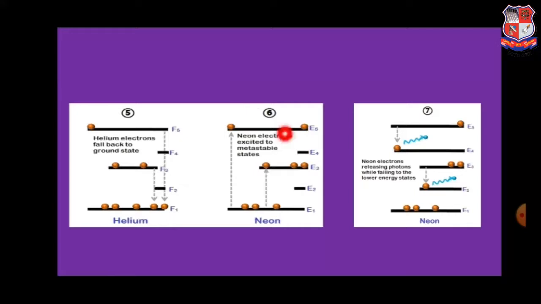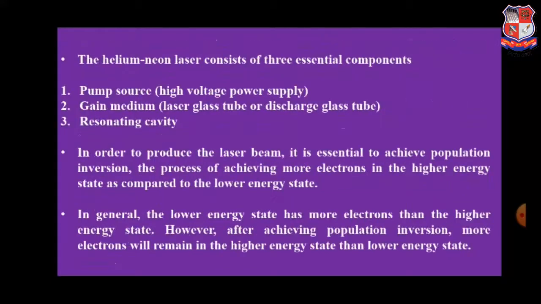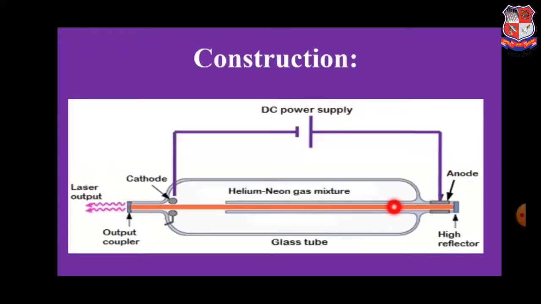When the population inversion mechanism is achieved, the released amount of energy is converted into photon energy, which you can see from this blue continuous wave, and that particular wave collides with this high reflector, because a higher amount of energy will be generated due to this working principle.